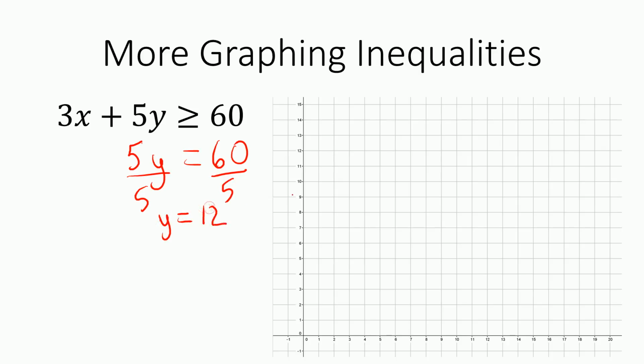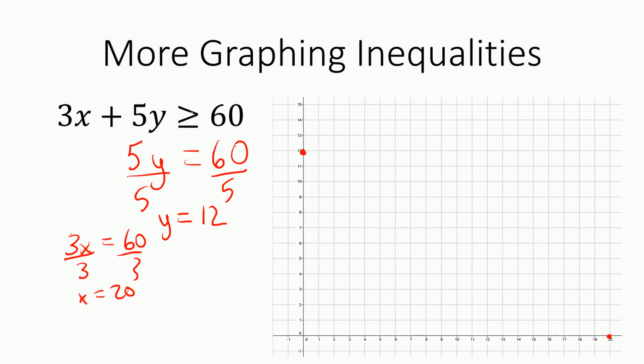In this case it's 12, so I'm treating it kind of like an equation right now, because I want to see what the y-intercept is going to be. So I found it, it's 12. I do the same thing for x. When y is 0, 3x equals 60, divide by 3, so x equals 20. And then I can plot that point.